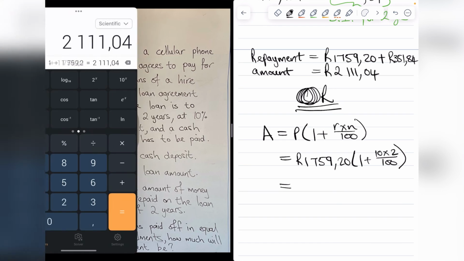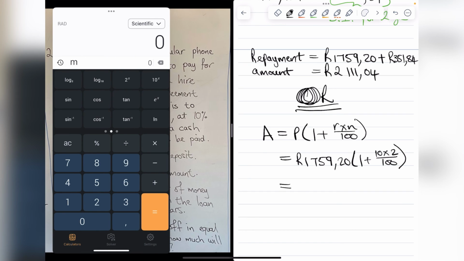And if I do this on the calculator, I should get the same answer. That's 10 times 2 divided by 100 plus 1, and then times 1,759 and 20 cents, and I get 2,111 Rand and 4 cents.